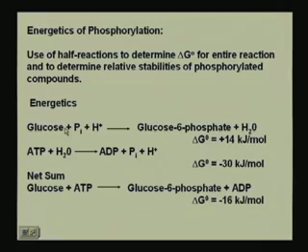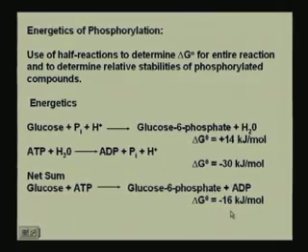So, we use the half reactions to determine the delta G zeros for the whole reaction. Okay. And we therefore have an overall reaction that is glucose plus ATP giving us glucose 6-phosphate plus ADP with a favorable standard free energy change.